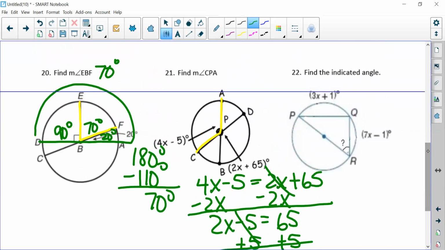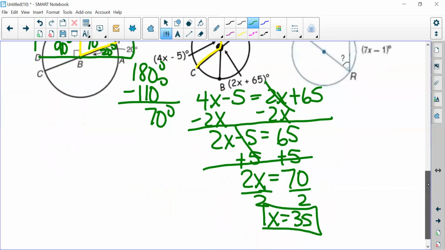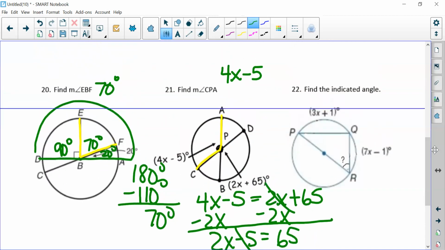It asked you to find the measure of angle CPA, okay? The current measure of angle CPA is 4X minus 5. Since we know that X equals 35, we simply substitute 4 times 35 minus 5.